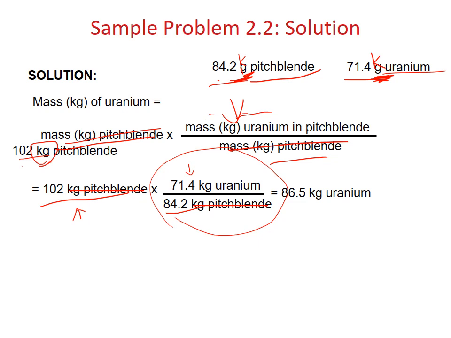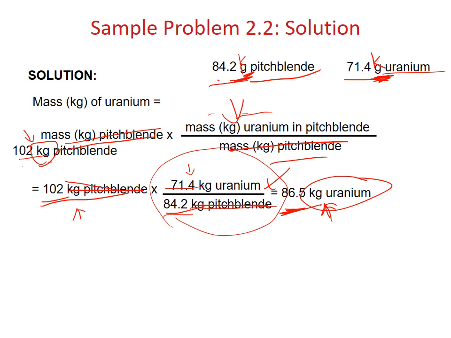If you check the units, kilogram pitchblende cancels kilogram pitchblende, and what you get is kilogram of uranium. The numbers, 102 times 71.4 divided by 84.2, give you the answer 86.5 kilogram.